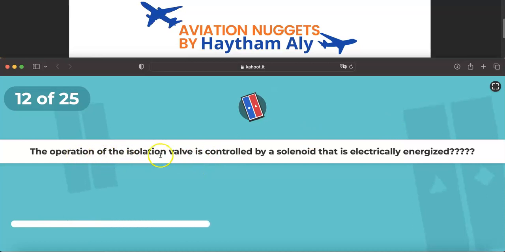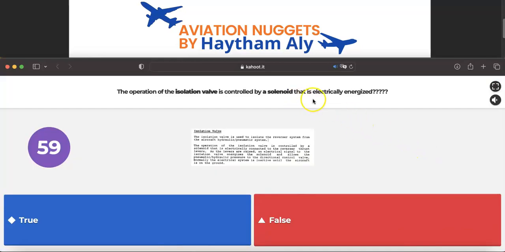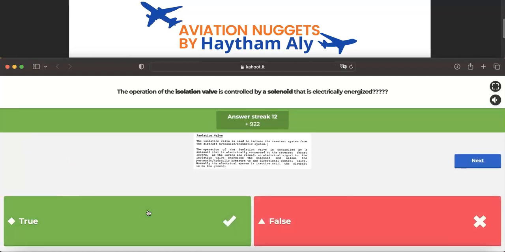The operation of the isolation valve is controlled by a solenoid that is electrically energized. This statement is true. The electronic engine controller will energize the isolation valve only when the aircraft is on ground.